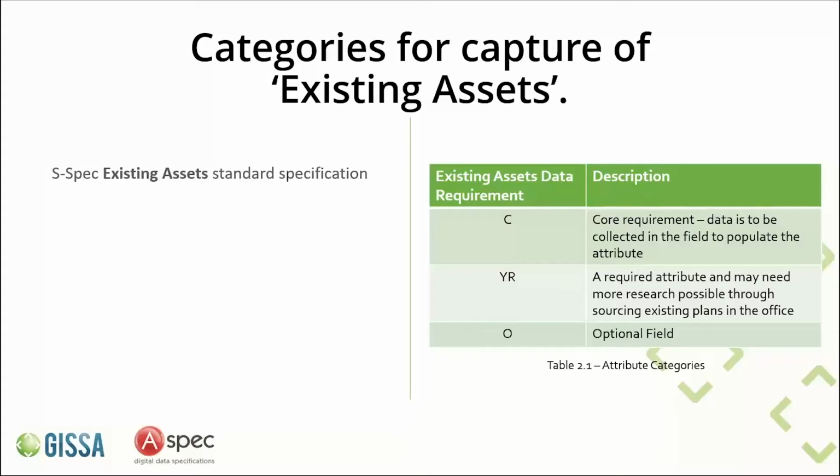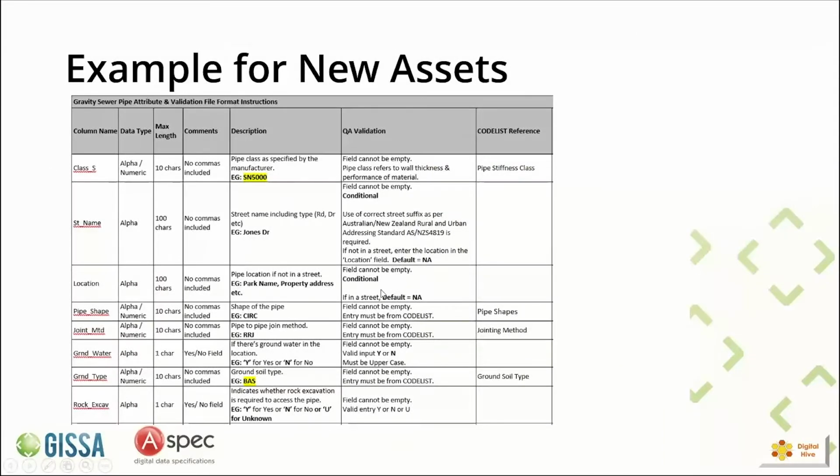So there are three categories of the existing assets, and what we've done is we've categorized every attribute in every table. So there are three primary categories as outlined on this page. For example, if you look in the document 2.0.5 and you look up gravity sewer pipe, here is the table that you will see.